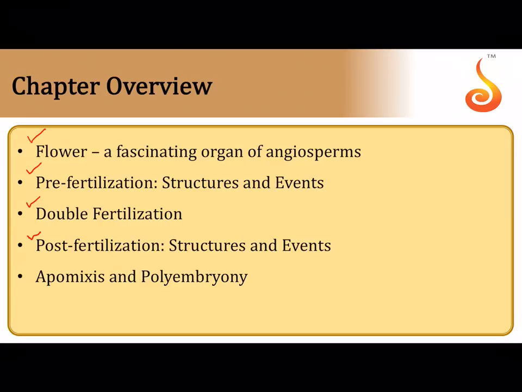Then moving on to what happens after fertilization between the male and the female gametes, resulting in the formation of the zygote, that is, formation of a seed, which comes under post-fertilization. And last but not the least, we will be discussing some unique phenomena such as apomixis and polyembryony. So this gives you the chapter overview of what you will be learning in this particular chapter.